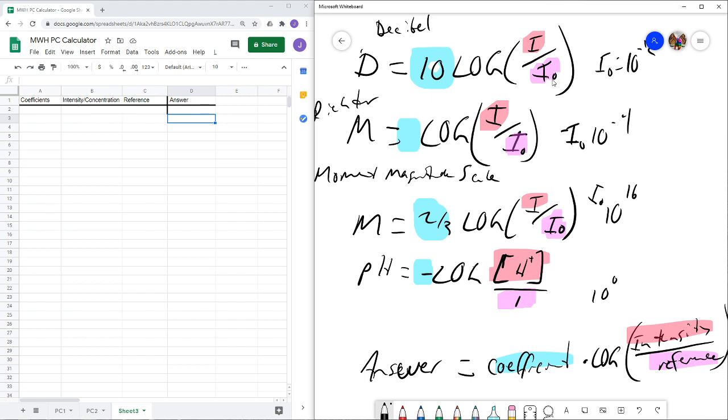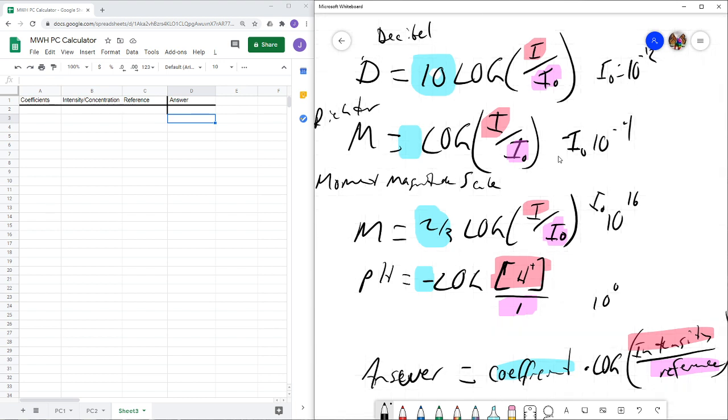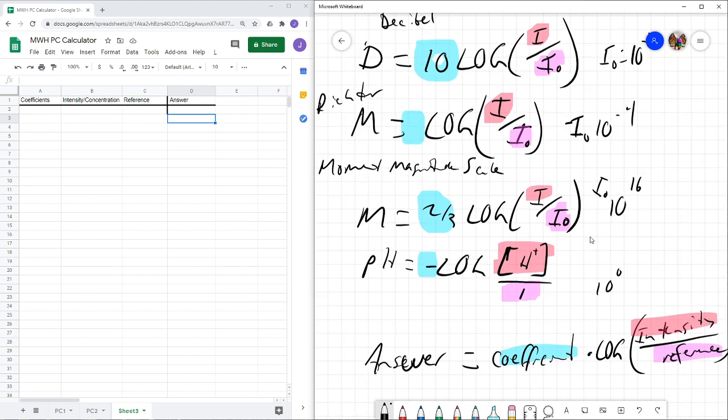So we have a reference intensity for the decibel scale, which was 10 to the negative 12. The Richter scale was 10 to the negative 4. The moment magnitude scale was 10 to the 16th. The pH scale didn't have one, so we think of it as a 1 just hiding out there, or 10 to the 0.